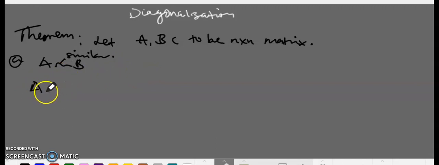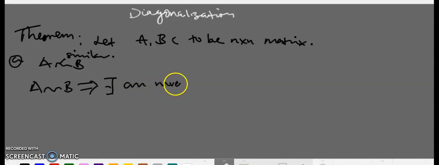A is similar to B. This implies that there exists an invertible matrix, and that invertible matrix is matrix P.